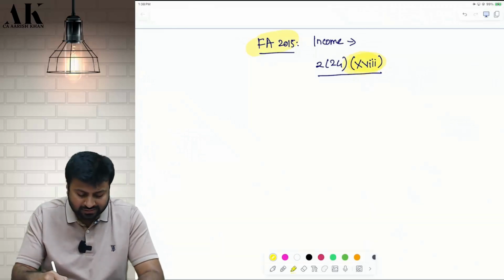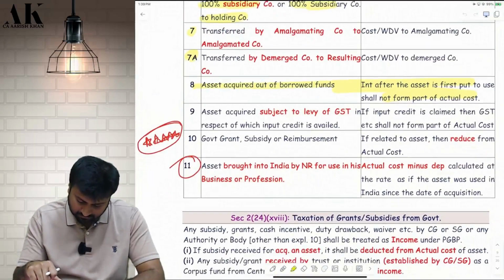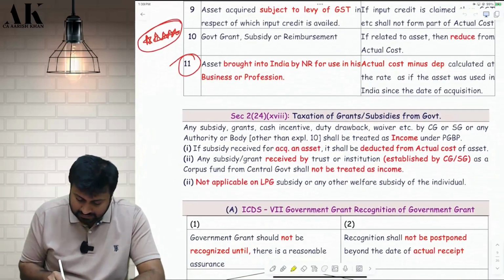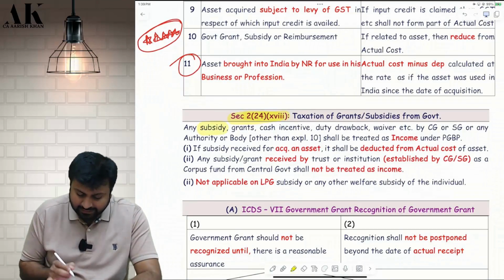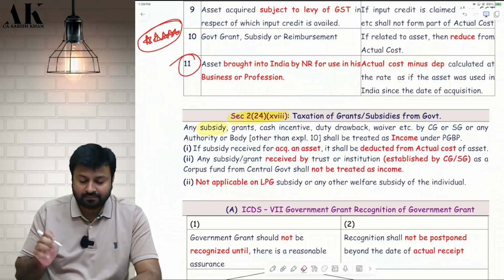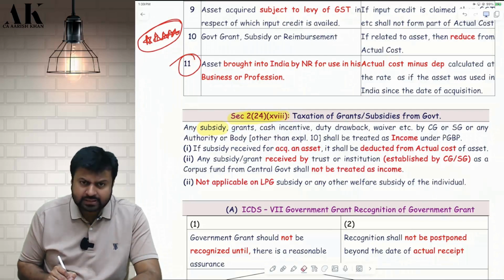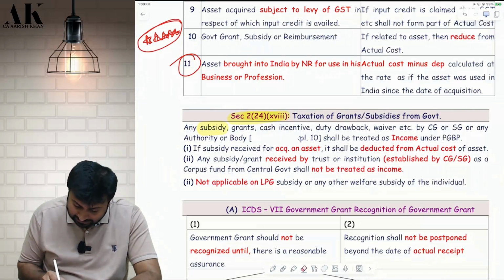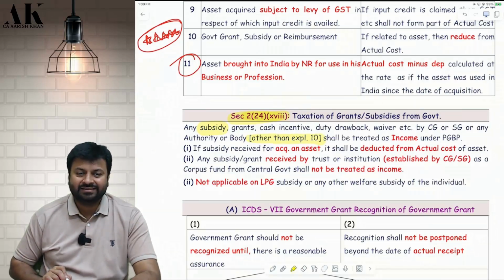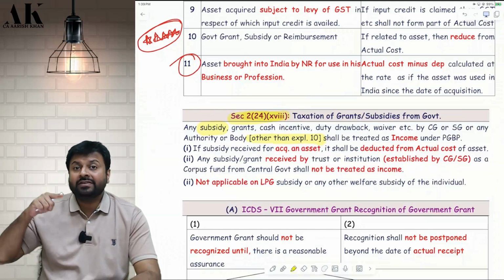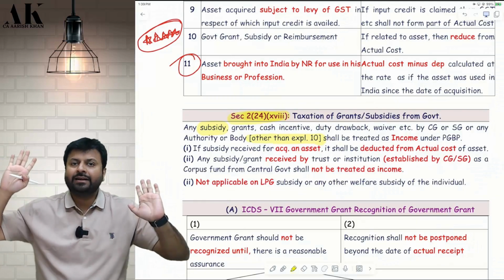And what does this clause say? Check with me. Section 2(24)(18). Any subsidy other than the Explanation 10 subsidy, not the subsidy which is covered in Explanation 10, because that treatment we know.